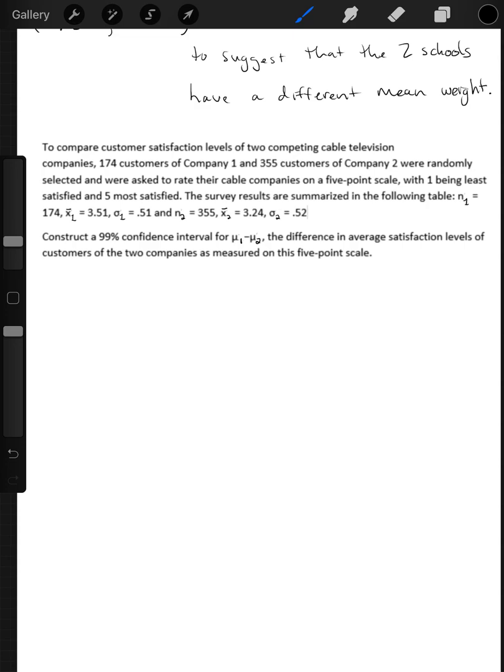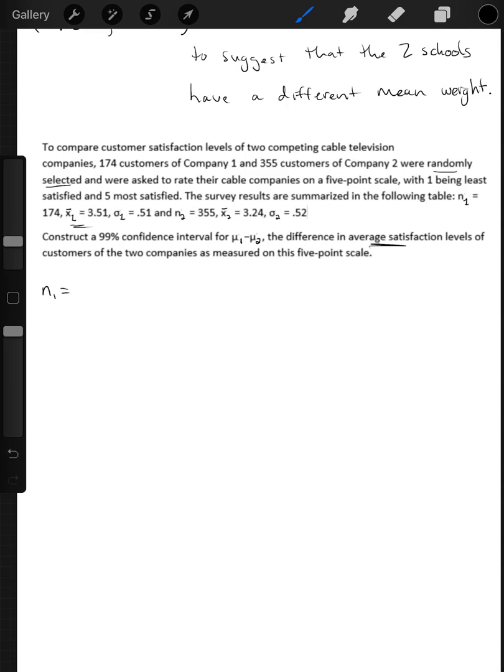I probably should have picked an example where we can label it by something else, but we have Company 1 and Company 2. Both of them made random selections and rated their cable companies on a 5-point scale. And they're looking at the averages of those scores, right? So the average satisfaction level.